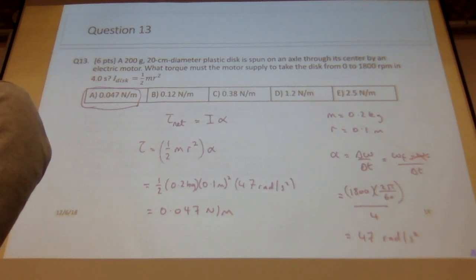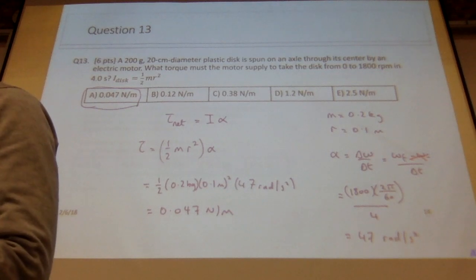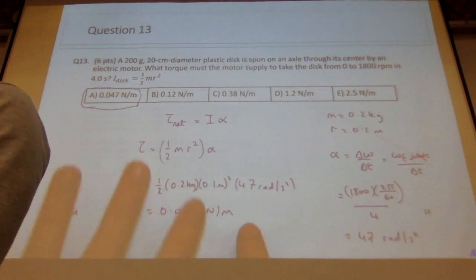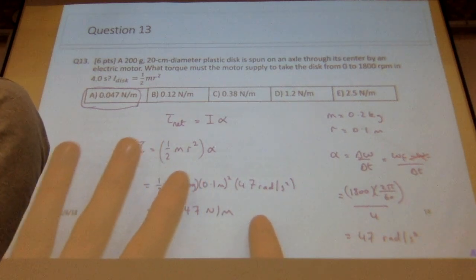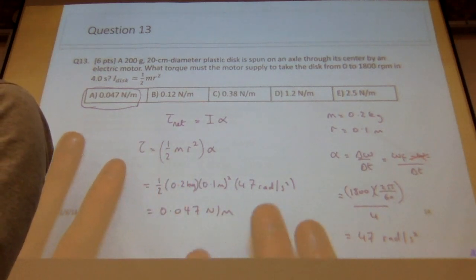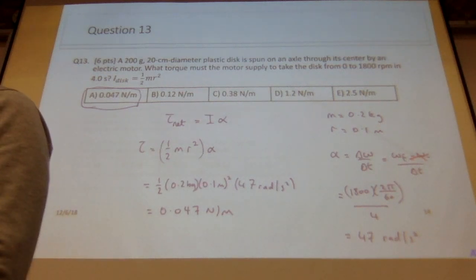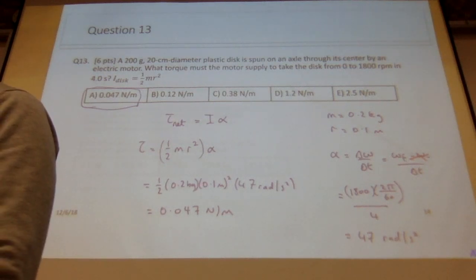It could be in revs per second squared, revs per minute squared, revs per hour squared, radians per hour squared. It all depends. So I always encourage going to SI units and doing the conversion at the end of the problem, because if you have a non-SI unit, then everything has to be consistent. It's much easier, I think, to go to SI units and at the end make a conversion. That's what I encourage.